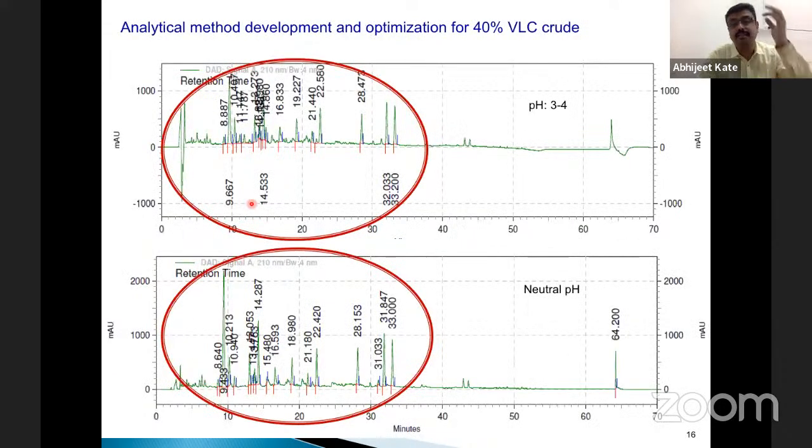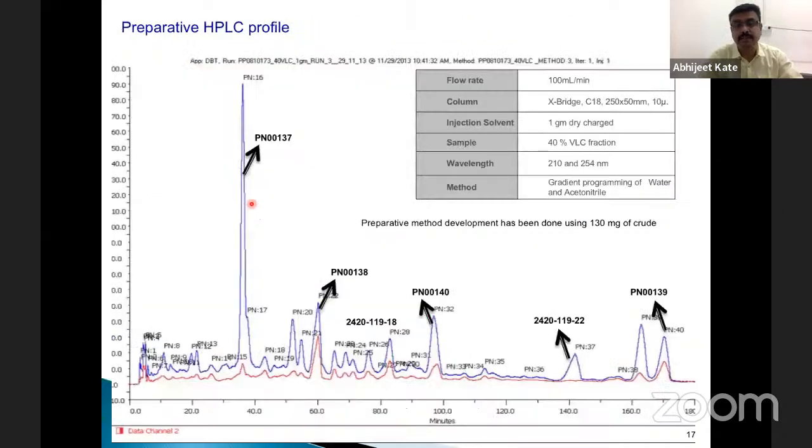And then we further developed an analytical and preparative HPLC method, where I just want to highlight the reason, because some of you may not have been exposed to preparative HPLC. Generally in HPLC, if you have used it, we use a flow rate of 1 ml per minute, while in preparative HPLC, we use 100 ml per minute.